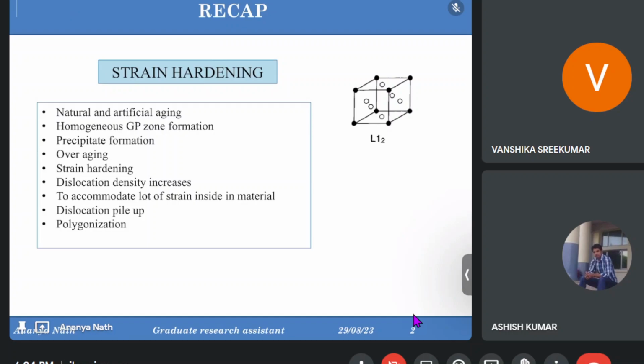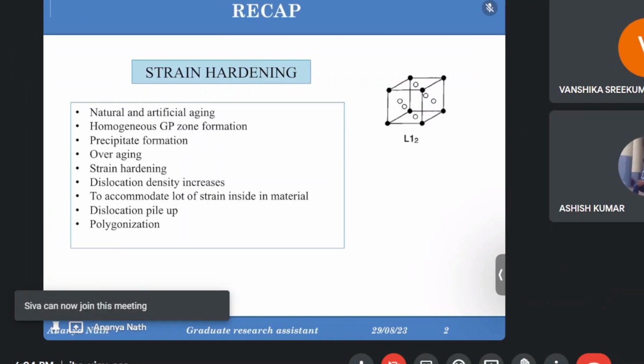So aluminium and its alloys are ductile in nature, and we are just increasing the hardness or strength of that particular alloy. But there are 8 to 9 different grades.